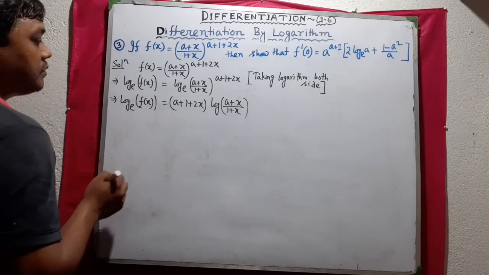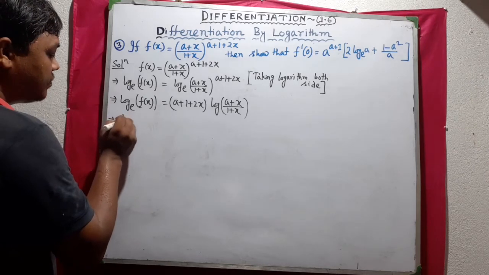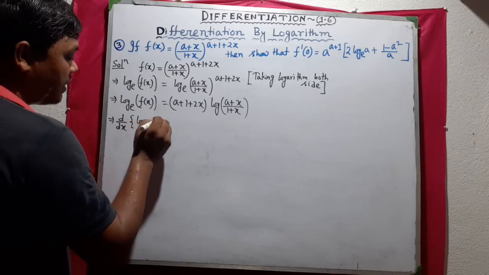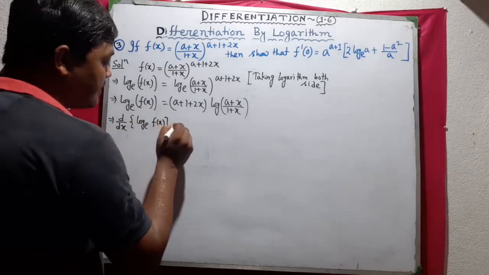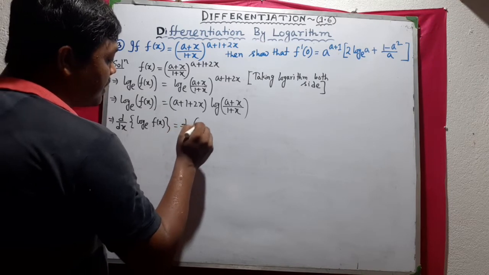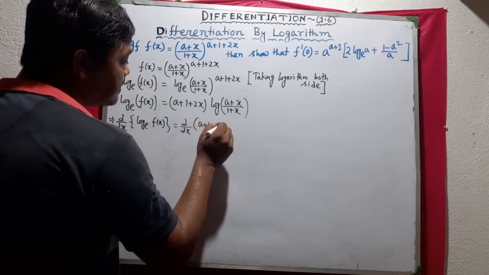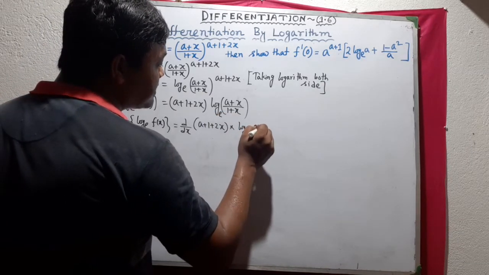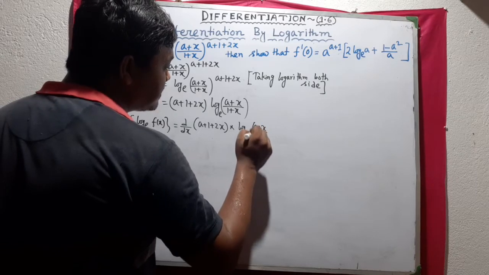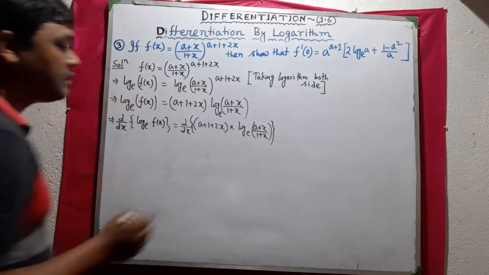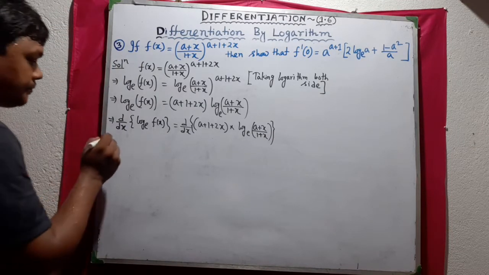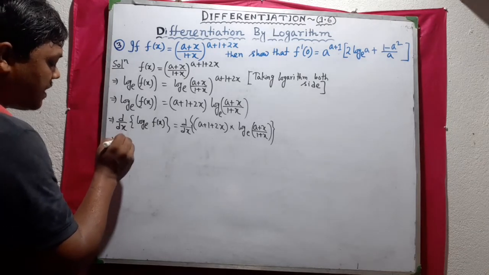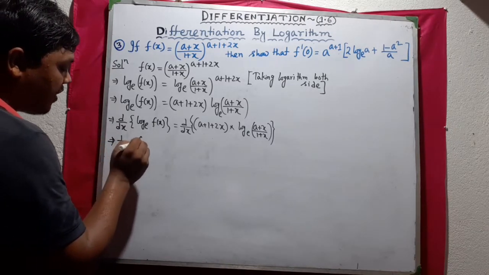So now taking differentiation with respect to x, d/dx of log f(x) base e equals d/dx of (a plus 1 plus 2x) into log base e of (a plus x) by (1 plus x). Okay, so now that gives 1 by f(x) into f dash x.